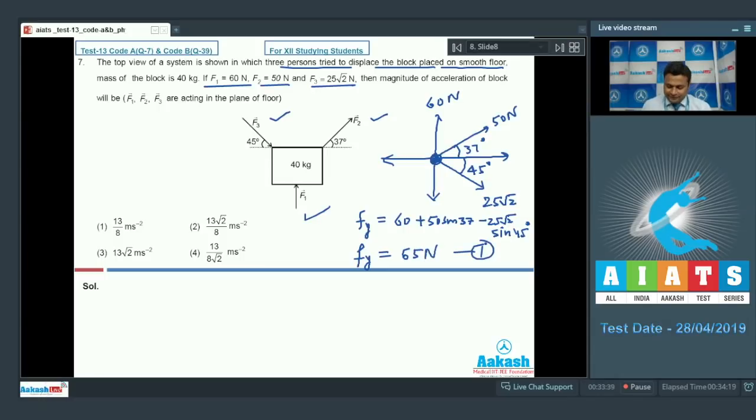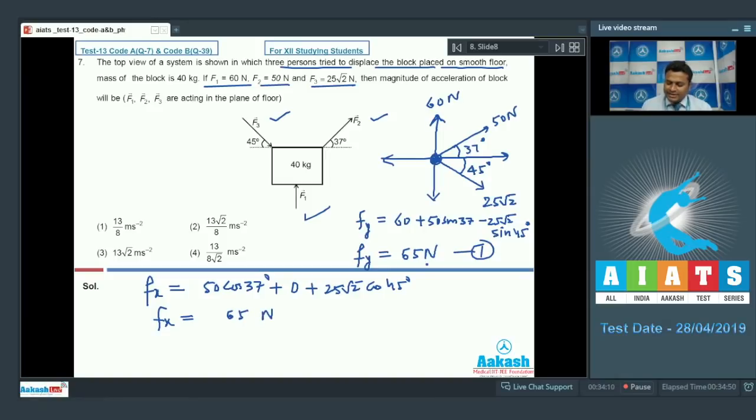Similarly, let's do the same for Fx. The total force in x direction will be given by 50 cos 37 plus 60, which is purely in y direction and has no component in x direction, so 0, plus 25 root 2 cos 45. After solving, you get Fx as 65 Newton.